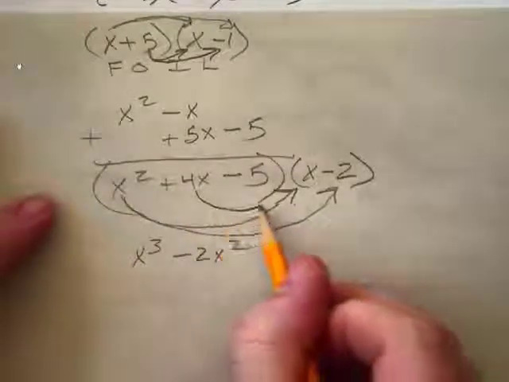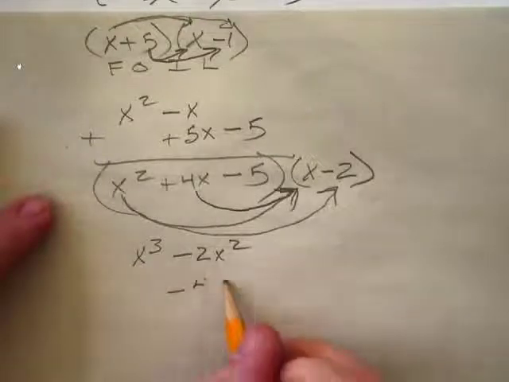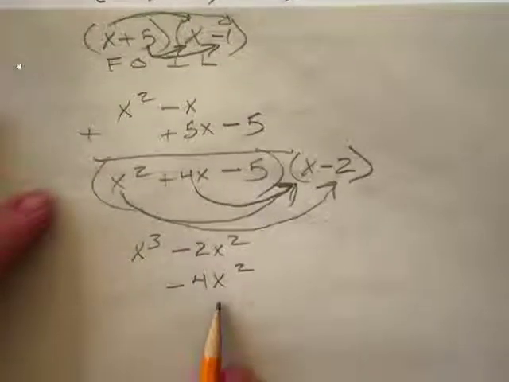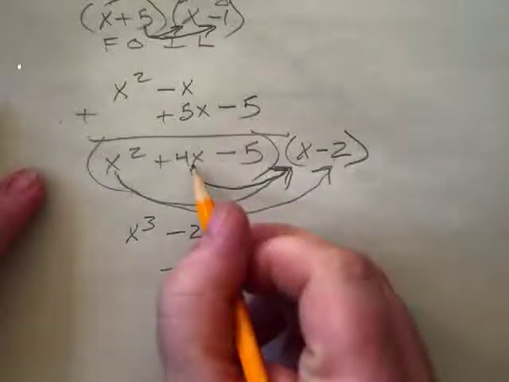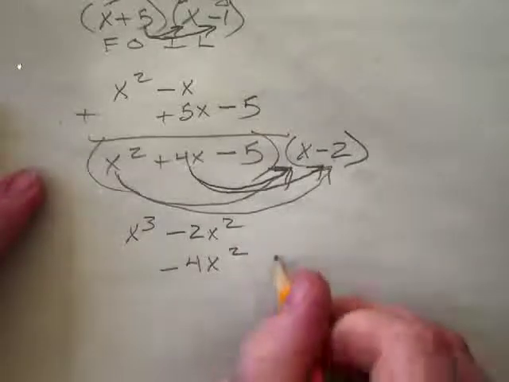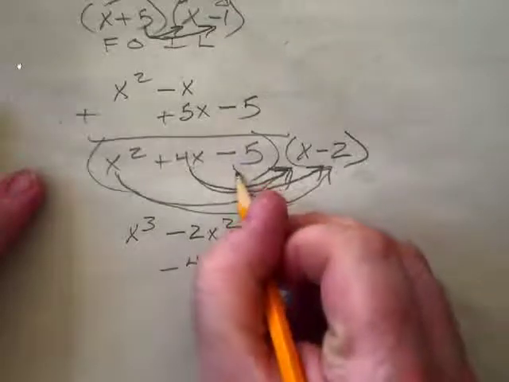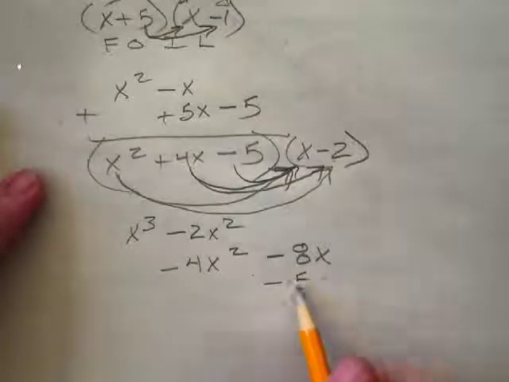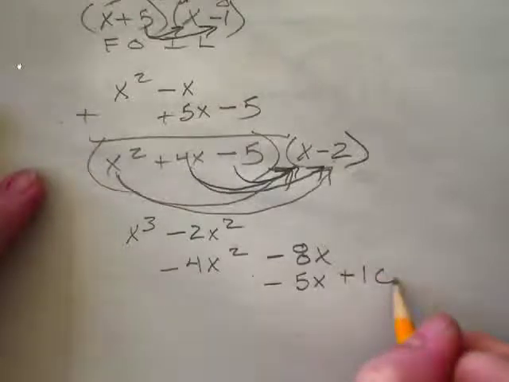Now you do the middle one: x times 4x is 4x squared. I just line up like numbers so that they're easy to add together, but you don't have to. Then 4x times negative 2 is minus 8x. Now the last one: negative 5 times x is minus 5x, and negative 5 times negative 2 is positive 10.